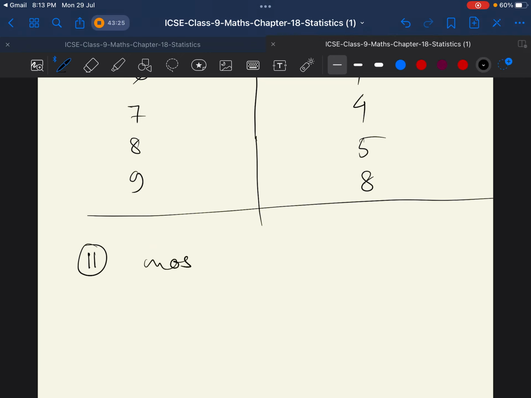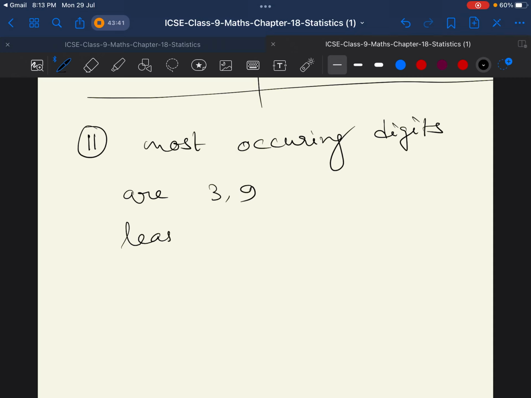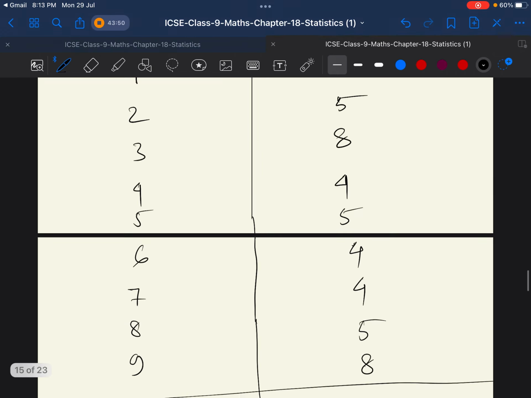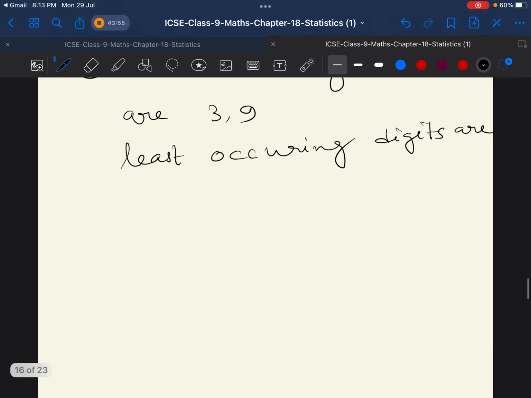So most occurring digits are 3 and 9. Now least occurring digits are, least occurring only 0, 2 times.